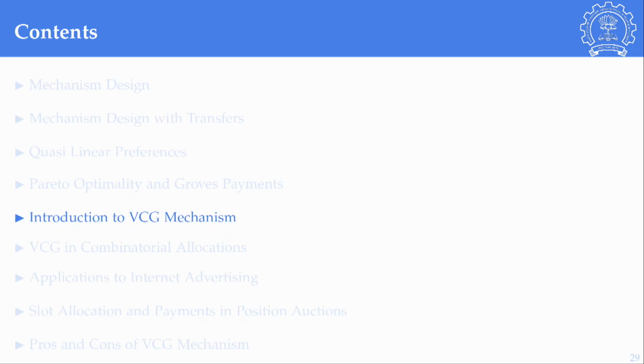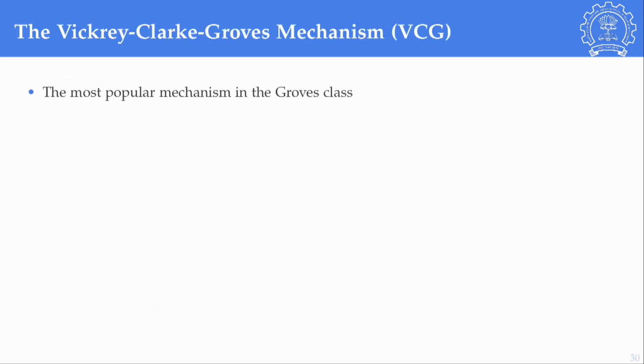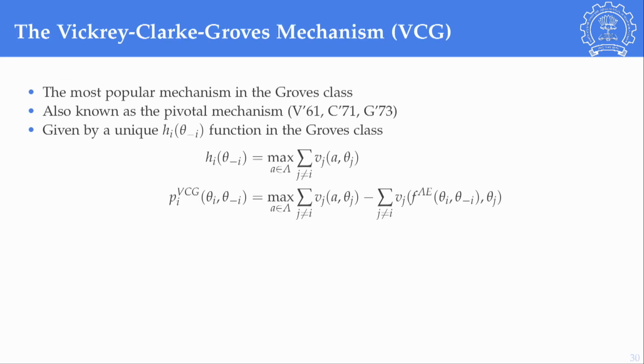So the improvement that we will make over this gross payment is to fix that particular function here. This is maybe a little scary in the beginning, but it is not that scary, because you are just changing this H I of theta minus I, assuming that the agent I never existed.